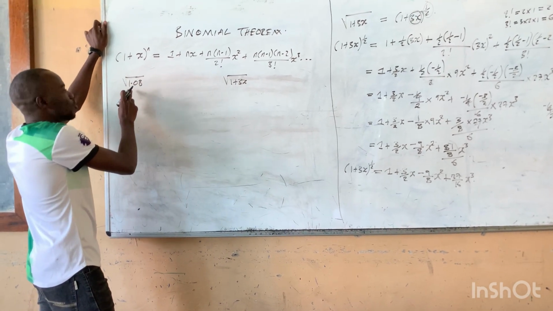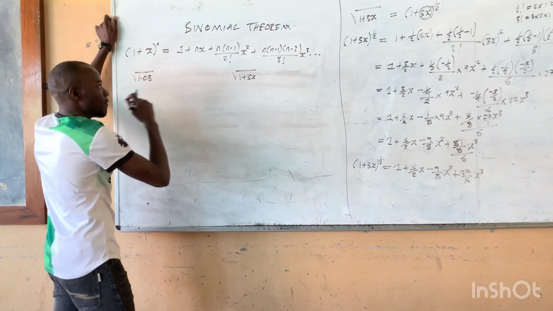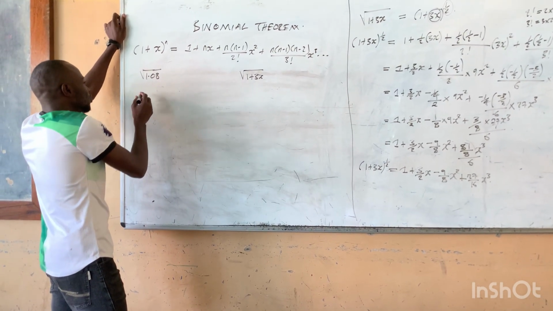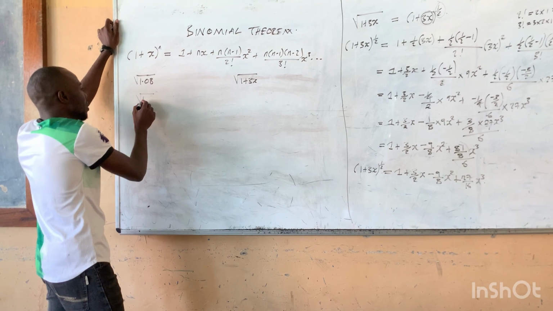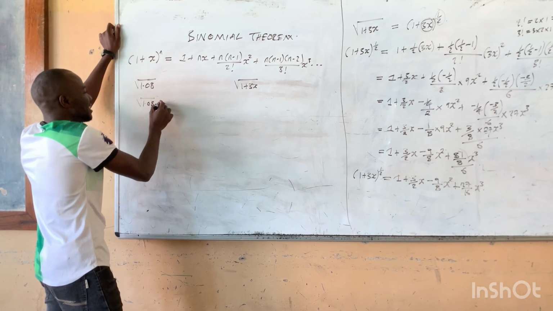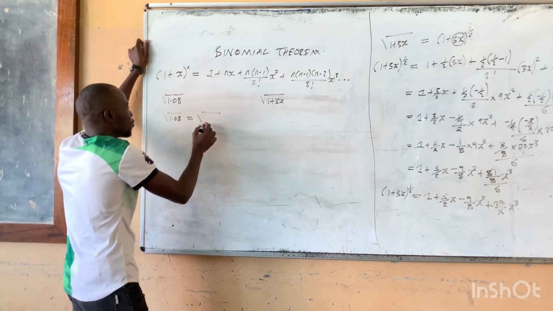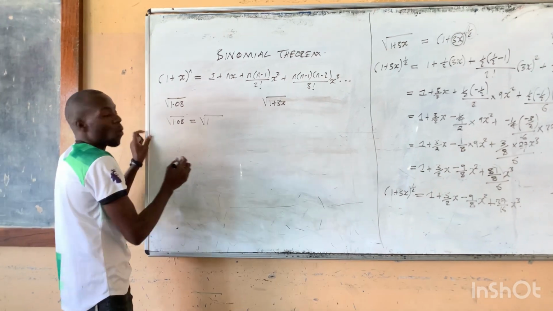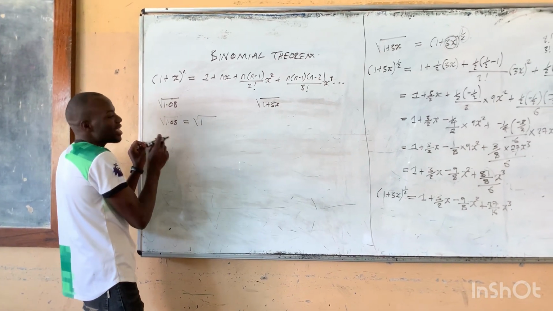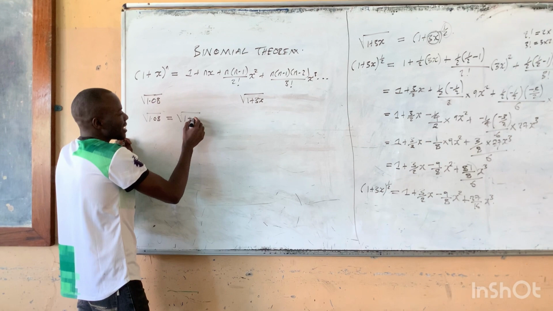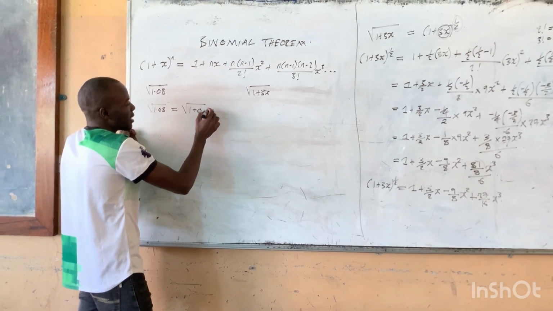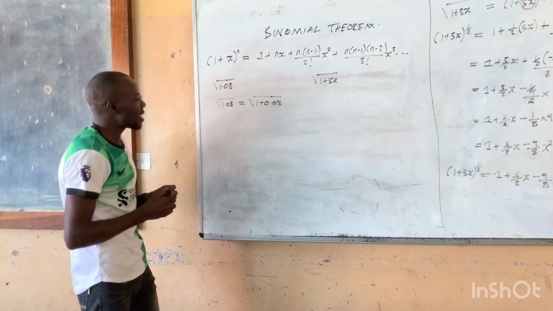Let us try to write this one in this form here. You need to know that the square root of 1.08 is the same as the square root of 1 plus 0.08, since 1.08 is the same as 1 plus 0.08.